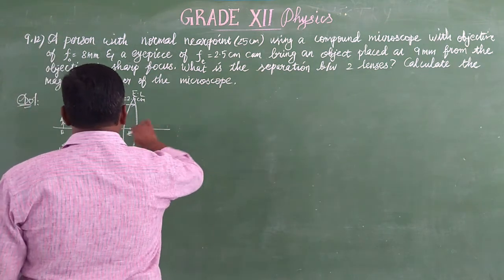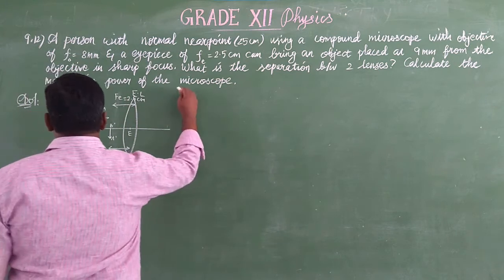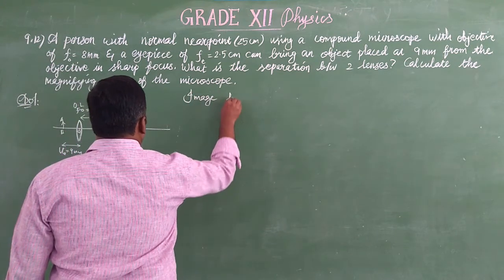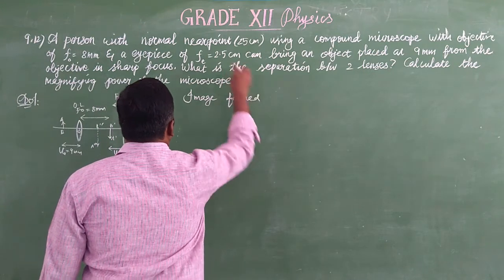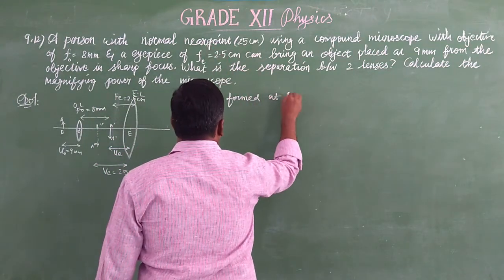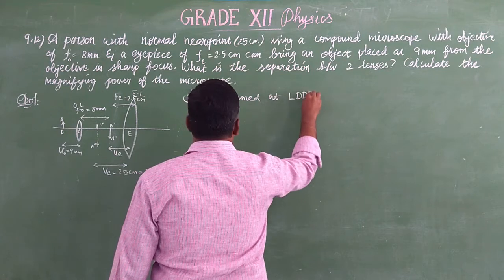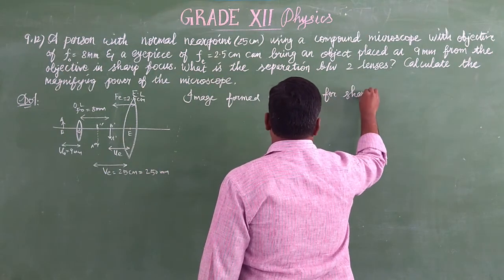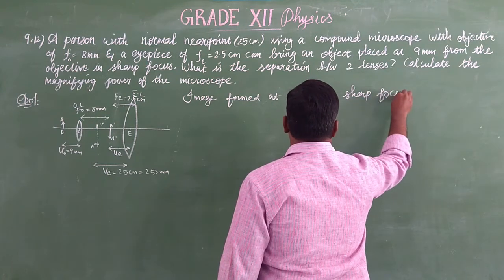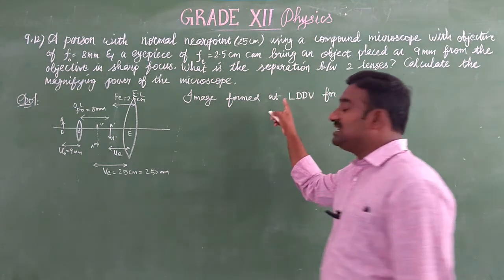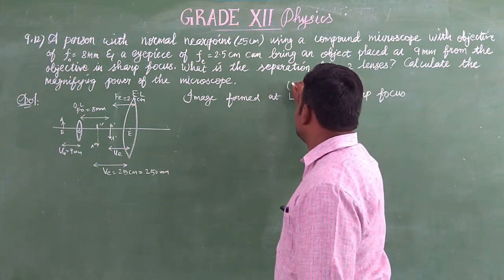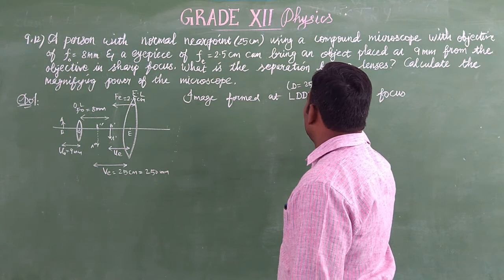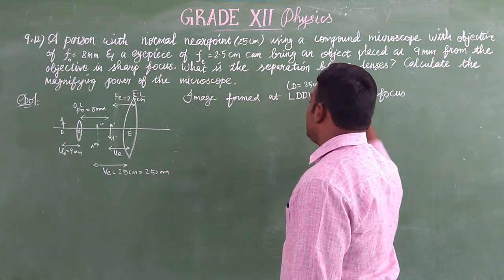In this case, the image is formed at the least distance of distinct vision for sharp focus. That is given in the question itself. So the image is formed at the least distance of distinct vision, that is D equal to 25 centimeter or 250 millimeter.